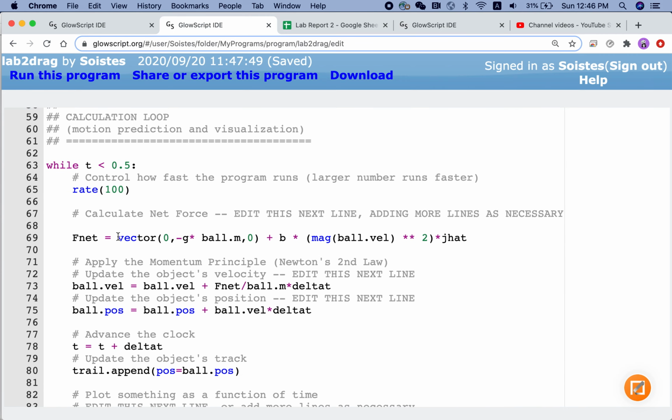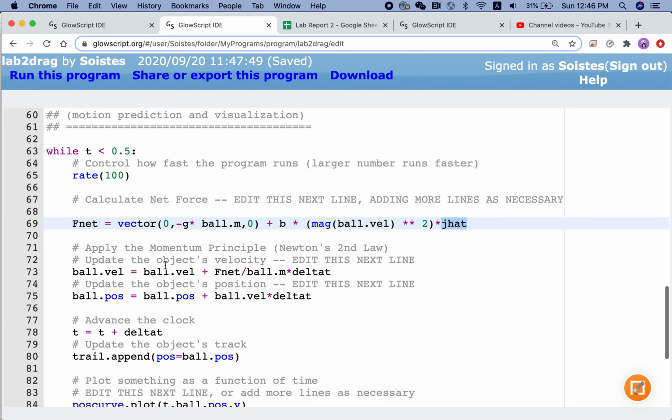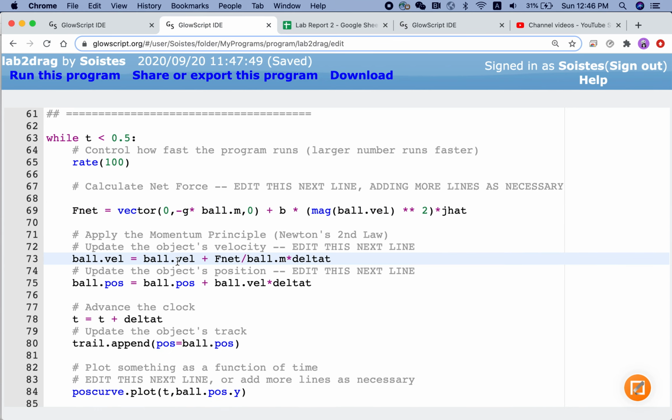And the net force is the gravity plus the drag force, b times the velocity squared times the direction vector j hat. And here I use the final velocity equals initial velocity plus the net force divided by m times delta t. And using this velocity times delta t, I derive the current position here.